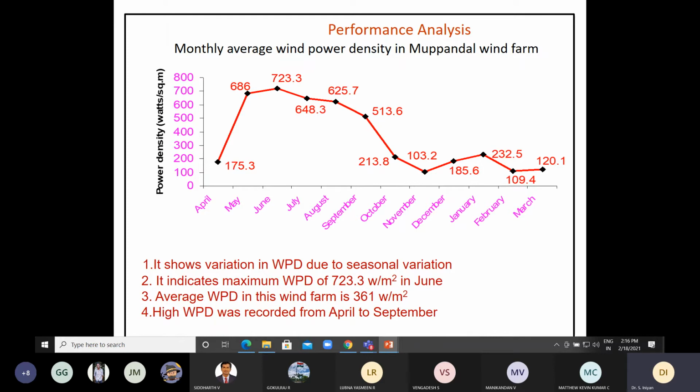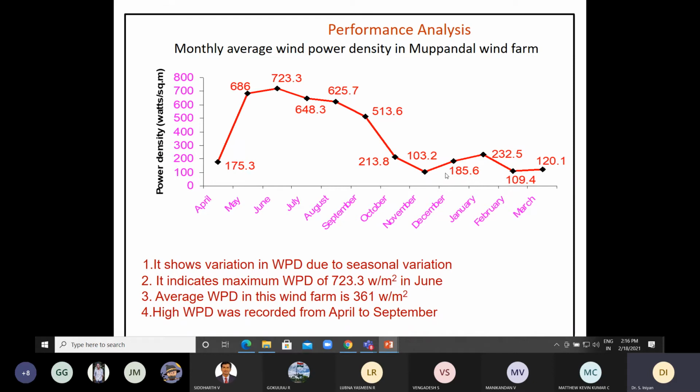The maximum wind power density occurs in the month of June, around 723.3 watt per square meter. And the average wind power density in the wind farm, where we take an average, comes to 361 watt per square meter, right?